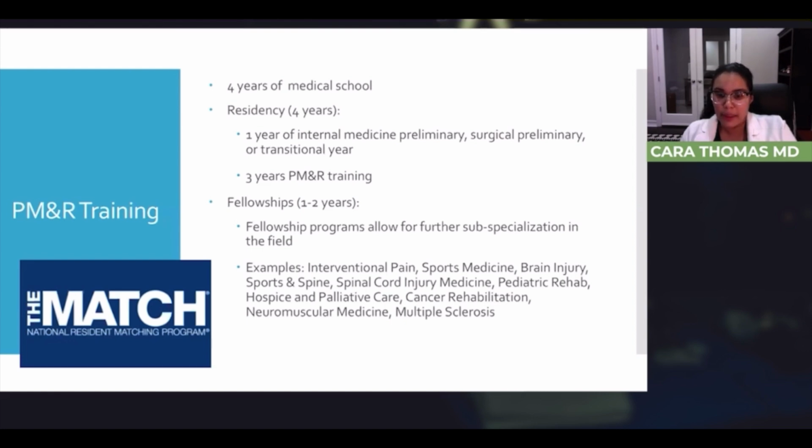There's sports and spine, which is a combination of sports medicine and interventional pain. You can do pediatric rehab and deal with patients who have developmental issues, cerebral palsy, things like that. You can also go into some non-accredited programs like cancer rehab and multiple sclerosis, or go another route and do hospice and palliative care. So quite a few options for people based on their interests.